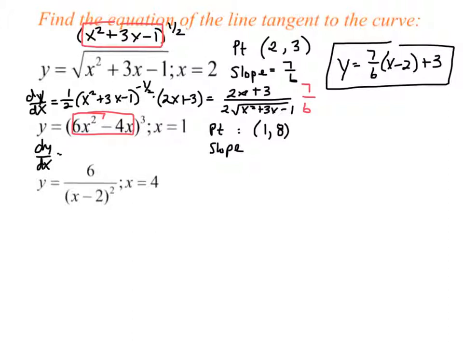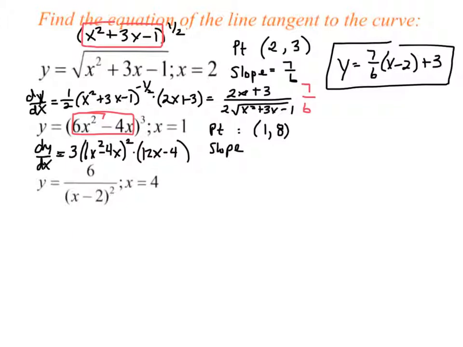Bring the 3 out front. It's going to now be to the power of 2, but I'm going to leave the inside exactly as it appeared. So 6x squared minus 4x. And then I'm going to multiply by the derivative of the inside. So 12x minus 4.